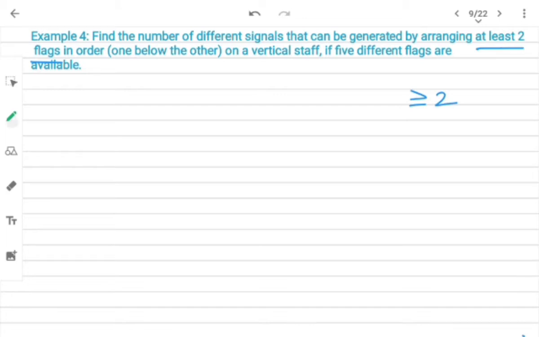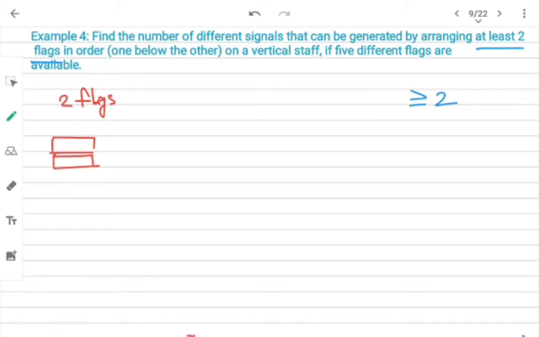First, I am taking only 2 flags at a time. That is 2 flag signals. So what are the possibilities I can have? For example, I will draw it in a small box to show this.